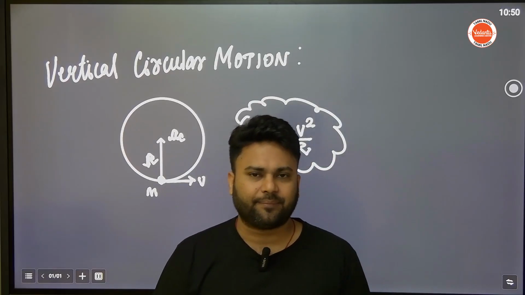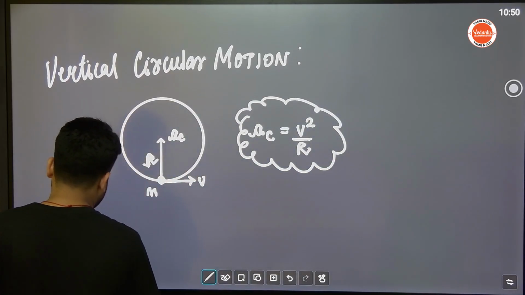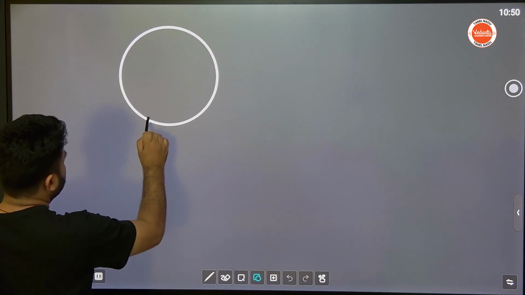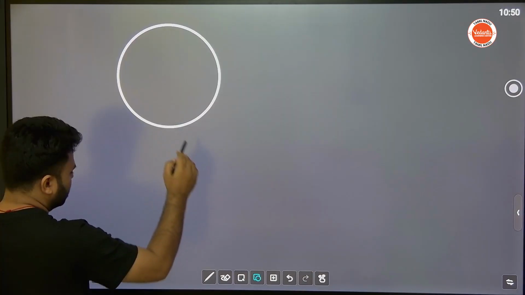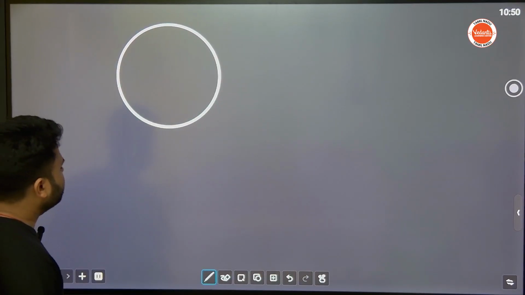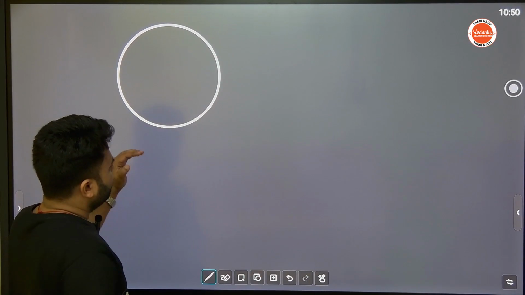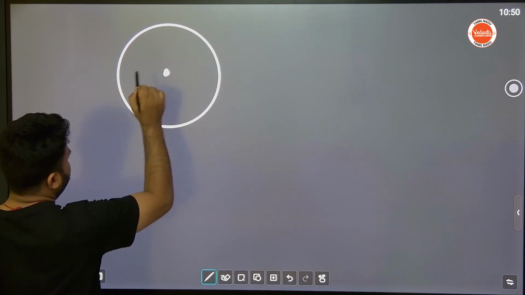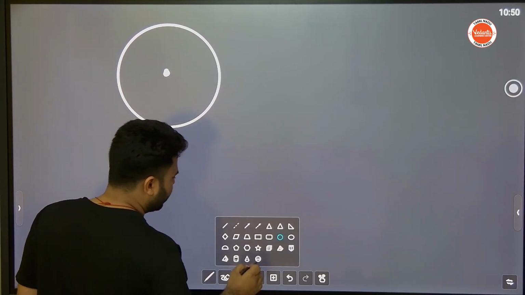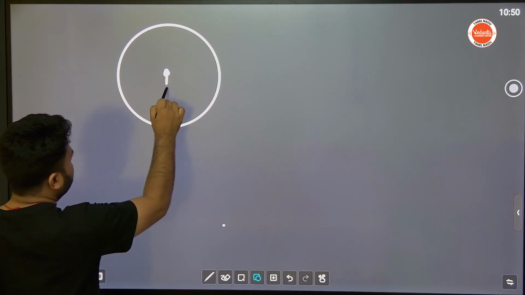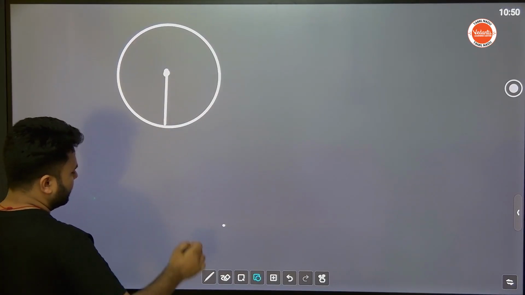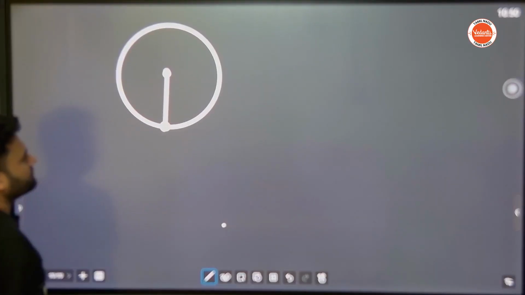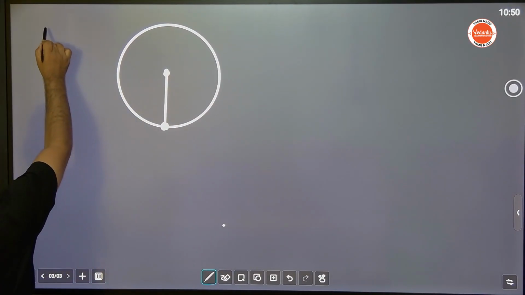So suppose this is the center of this circle and this is the string to which this ball is attached. Obviously the radius of this circle I will be taking as r.